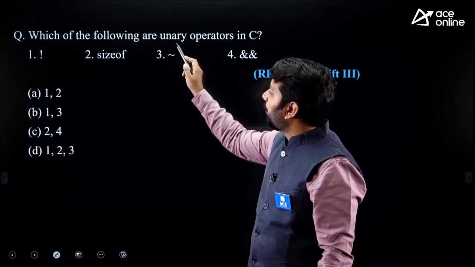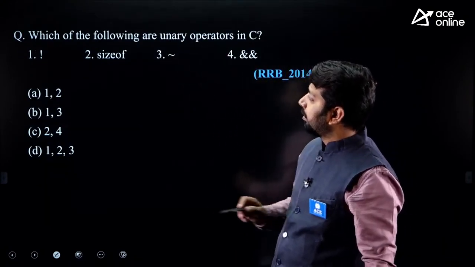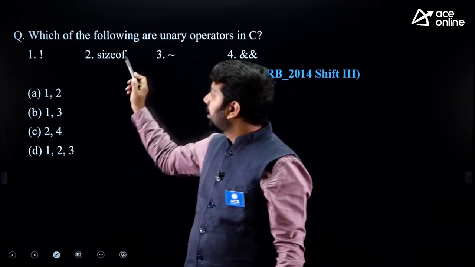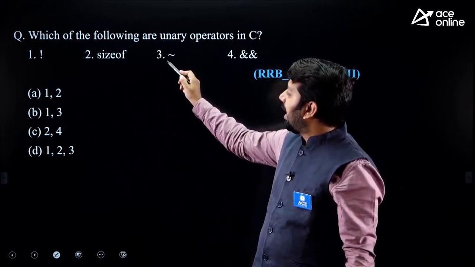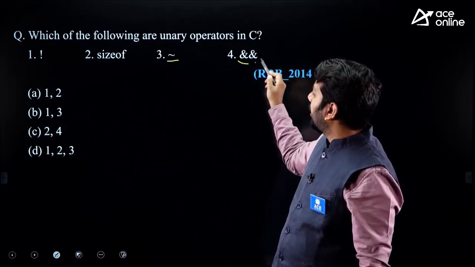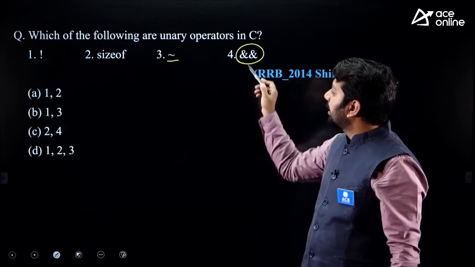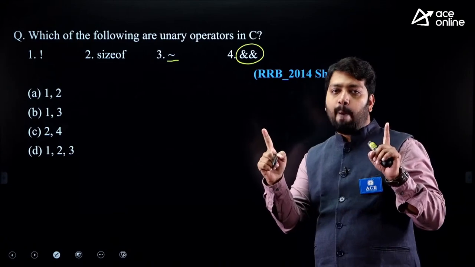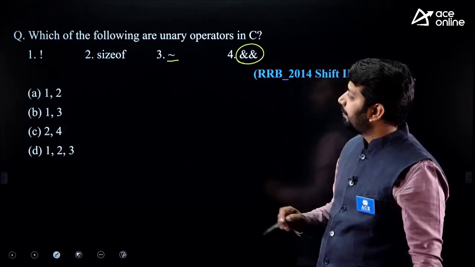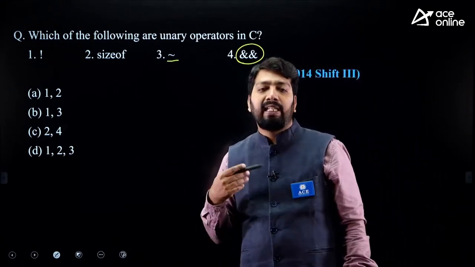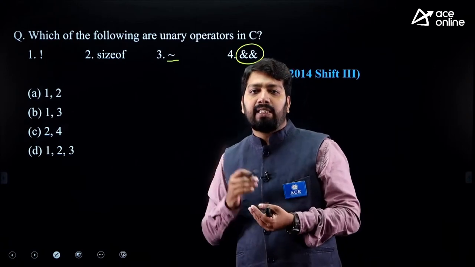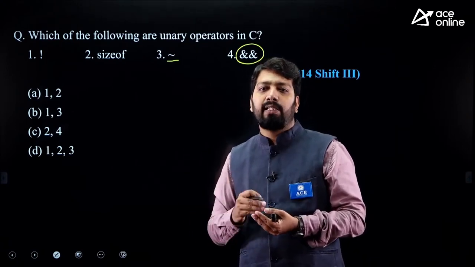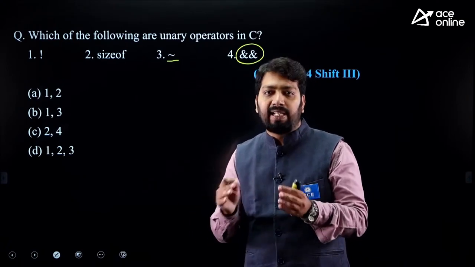Now, which of the following are unary operators? Not, sizeof, again this is not, and. We just have seen that it is logical and it requires two operands. So this is not the answer. Sizeof, we write sizeof integer, sizeof a, sizeof b, sizeof c, sizeof any variable name.